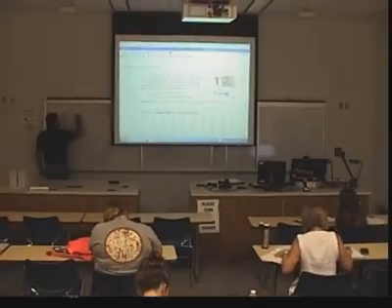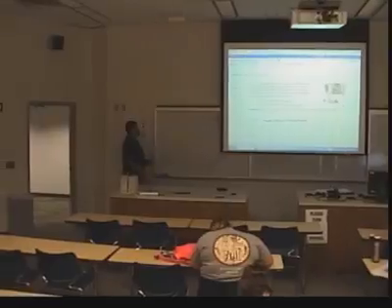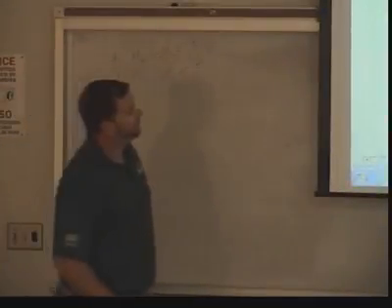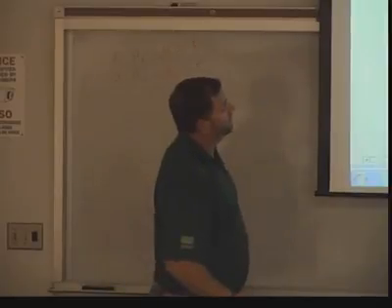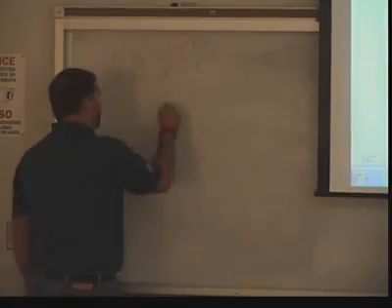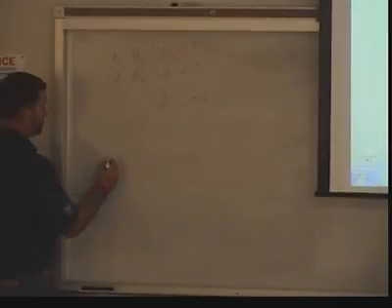Our mu is 5, and then we're testing whether mu is less than 5. Alpha is 0.05.